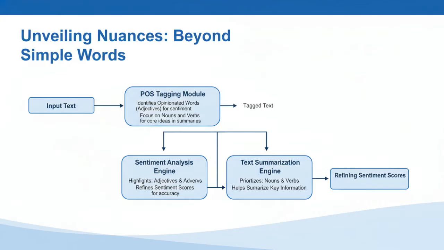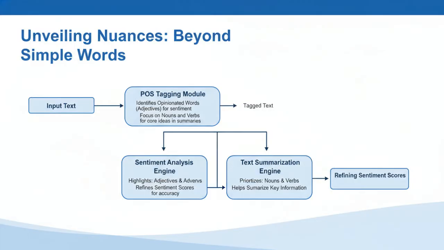POS tagging also brings crucial nuance to sentiment analysis and text summarization. In sentiment analysis, knowing that a word is an adjective or an adverb helps systems focus on the words that truly convey opinion and emotion. For example, exceptionally good carries more weight than just good. It refines sentiment scores by prioritizing these opinionated words.